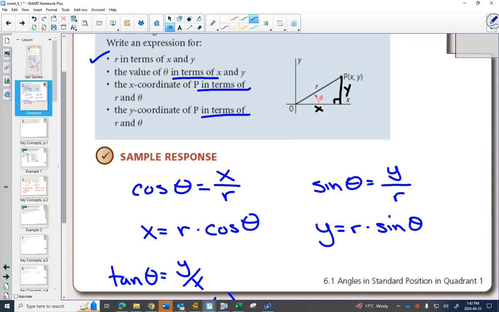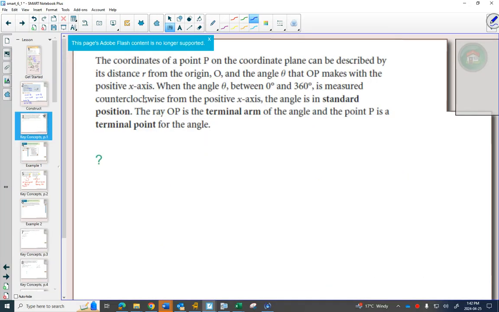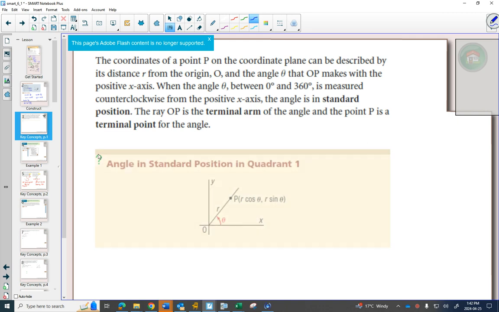All right. So before we get to example 1, we are going to learn some preliminary definitions. Preliminary definition number 1 is what is an angle in standard position.